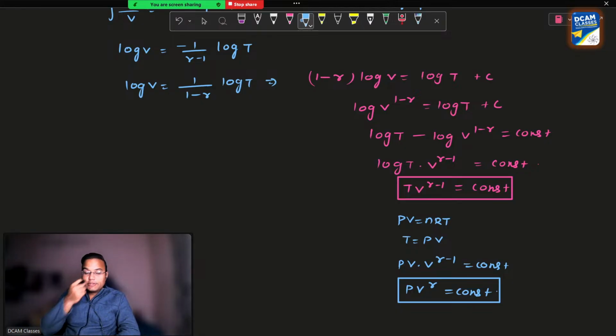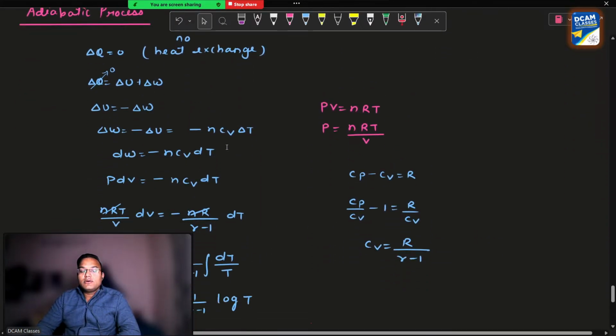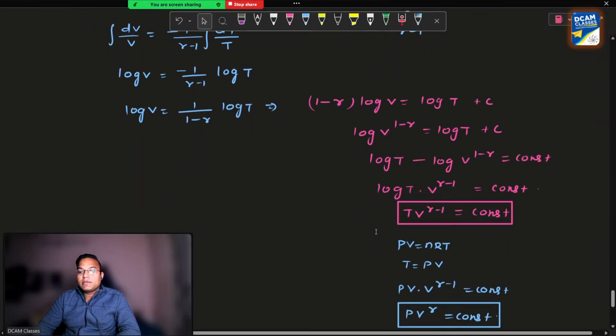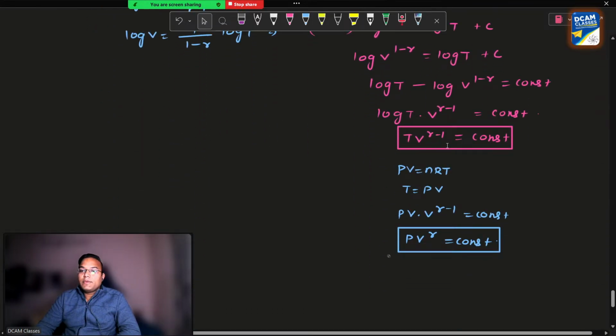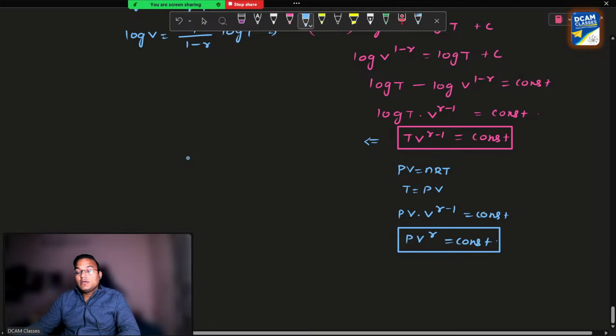In an adiabatic process, this is actually the derivation that I have shown. How do we get this relation PV power gamma is equal to constant or TV power gamma minus 1 is equal to constant? Also, if you want a relation between P and T, that also you can get. How?